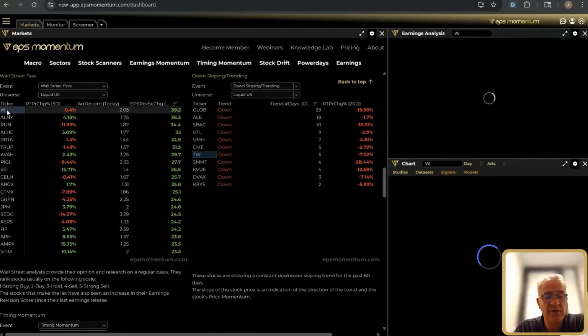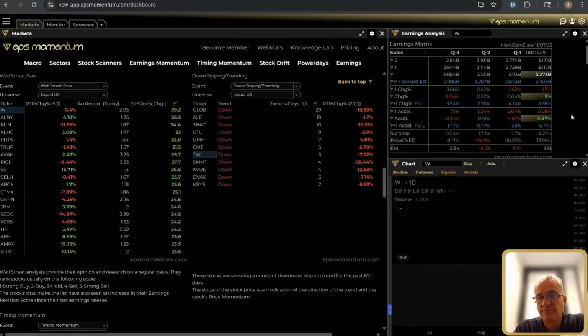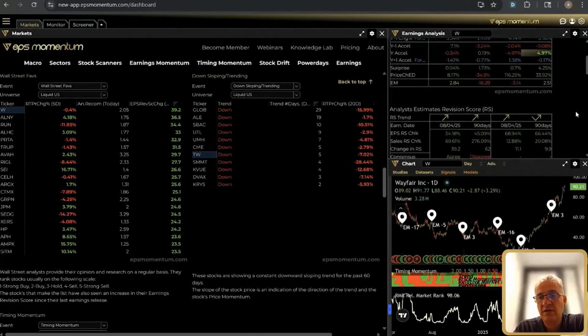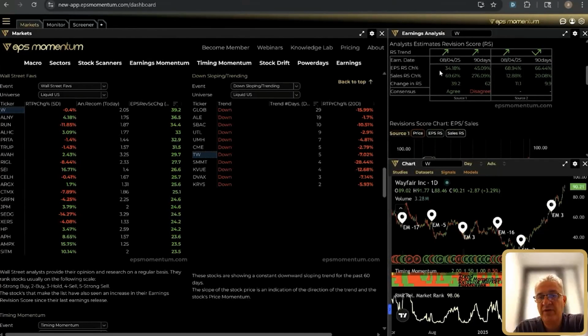So we can pick up another stock, and we can see the revision score at the last earning point since then. That's 34% up, and over 90-day it was 45%. The sales estimates was up 69%, and the 90-day was up 279%.